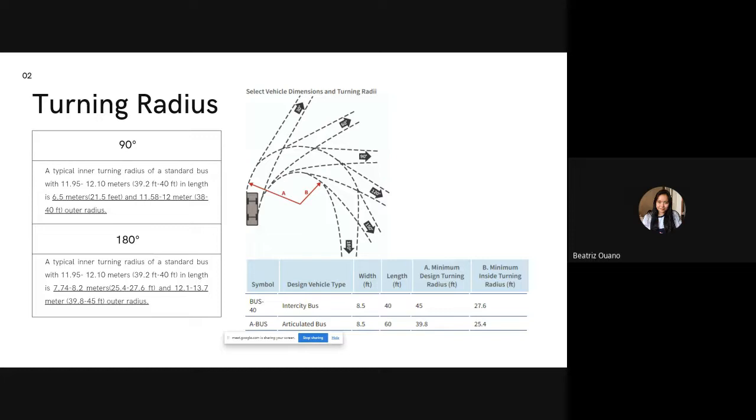And for 180 degrees, in a typical standard bus with 11.95 to 12.10 meters in length, the inner radius is 7.74 to 8.2 meters, and the outer radius is 12.10 to 13.70 meters.